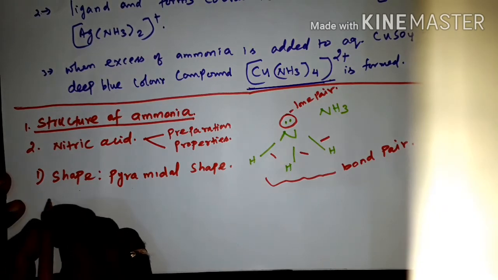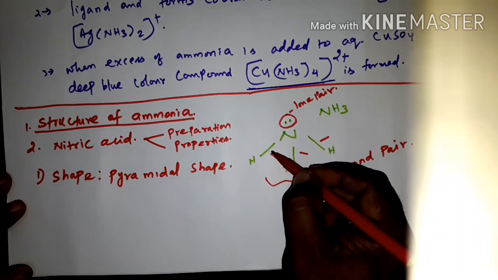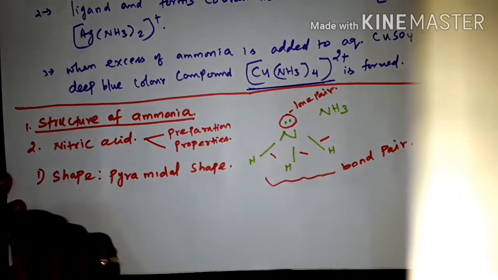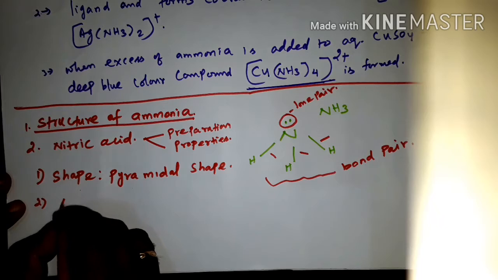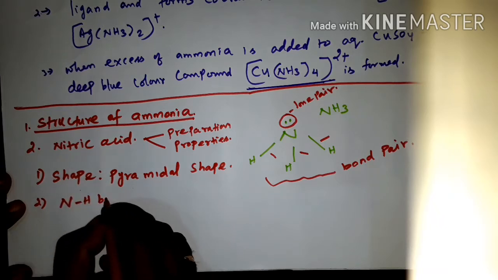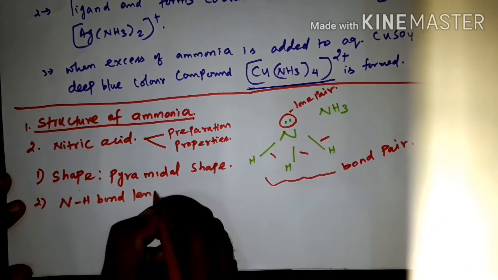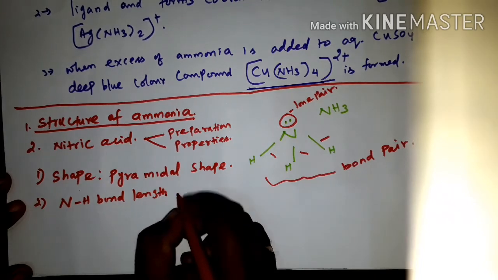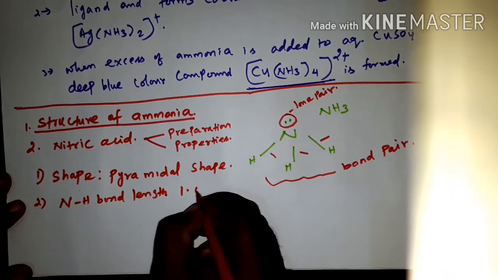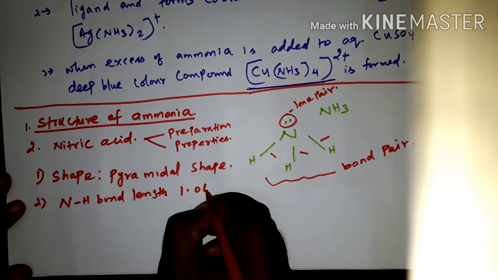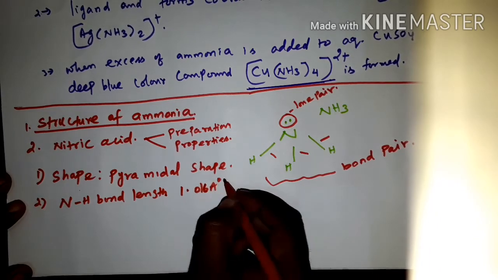Then this nitrogen hydrogen bond, the bond length of nitrogen to hydrogen is 1.016 Armstrong.